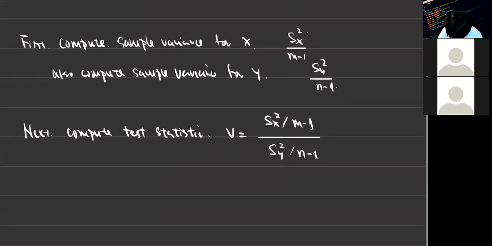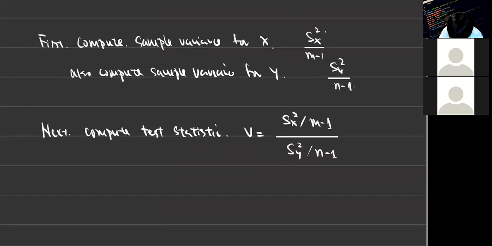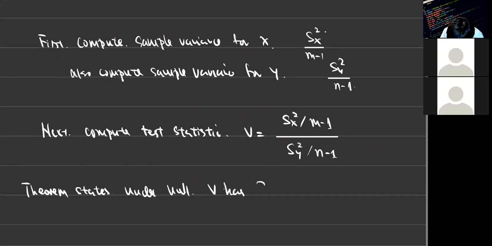Okay, so now the theorem states that this V, under essentially the null hypothesis, has an F distribution. So the theorem states under the null, V has an F distribution.